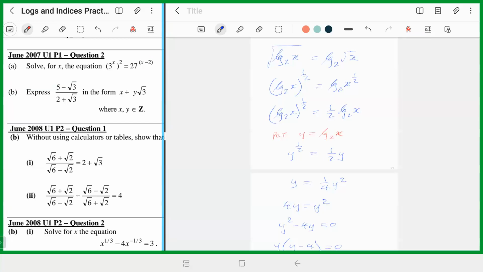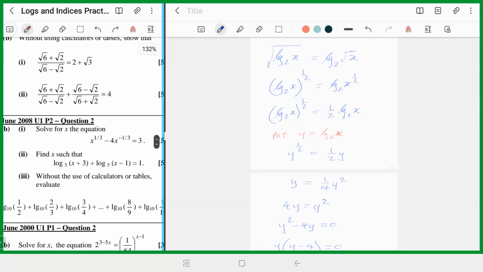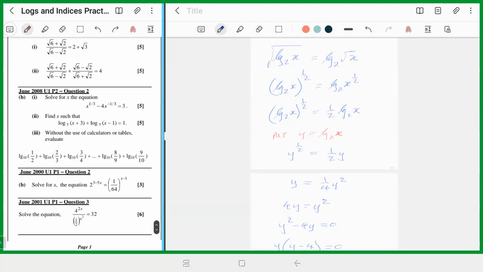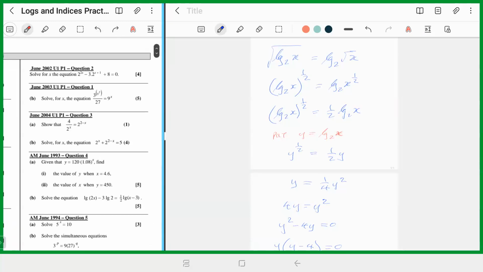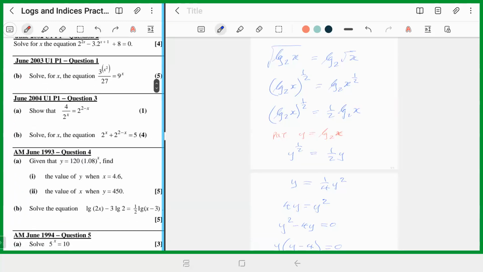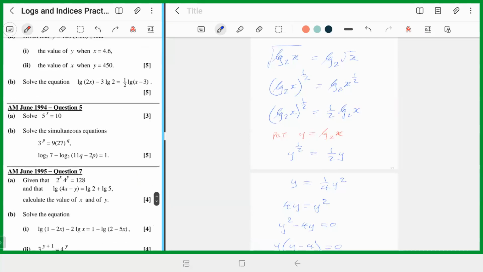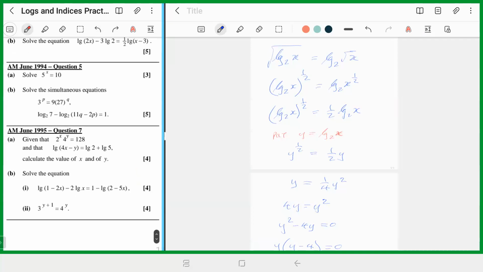Let's do A and B. This one also has some Surds in it. And do that one as well. And then we switch. Some past papers. Let me see if there's any interesting one there. That might be this question after this.